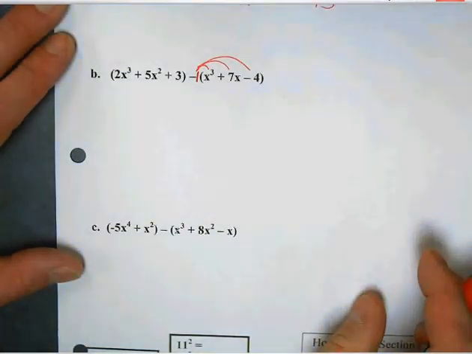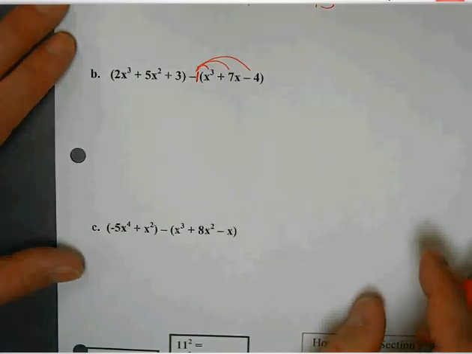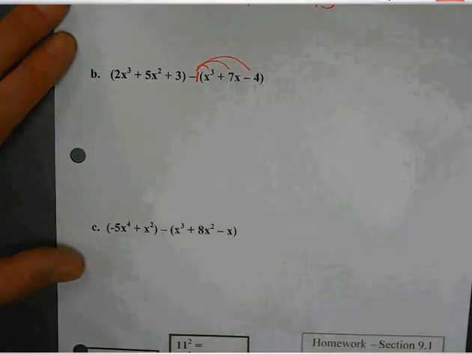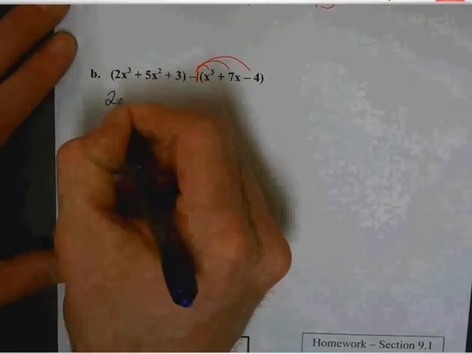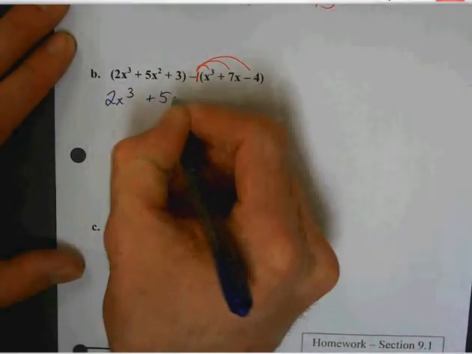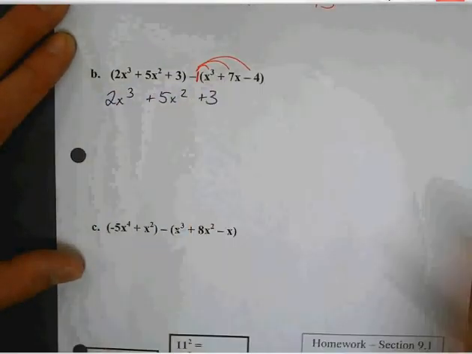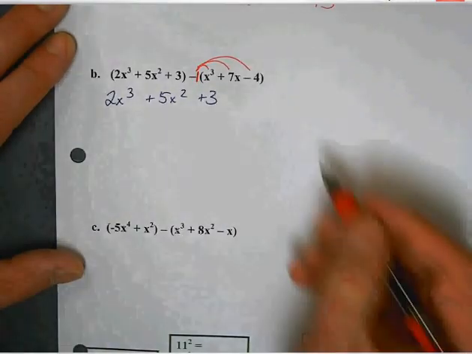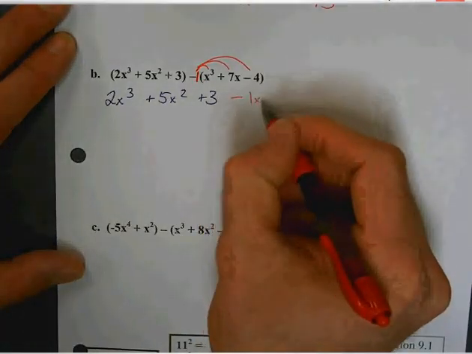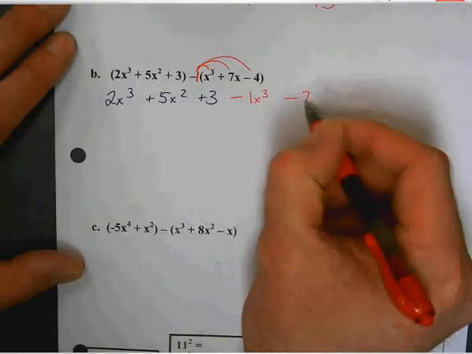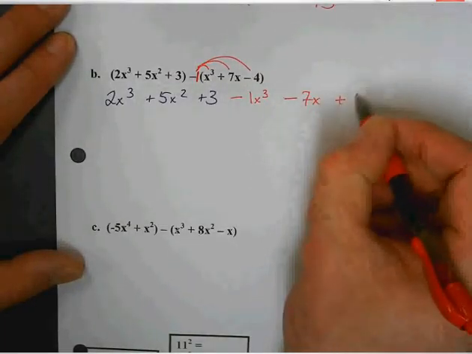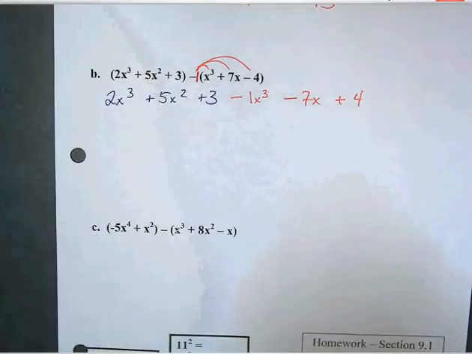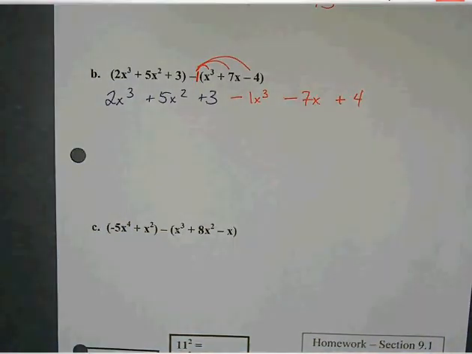So before you start combining things, we need to first distribute. And so this is what it's going to look like. The first part doesn't change. The second part becomes negative 1x cubed, negative 7x, and positive 4. By the way, why is that a positive 4, not a negative 4? Yeah, it was negative, it becomes positive.